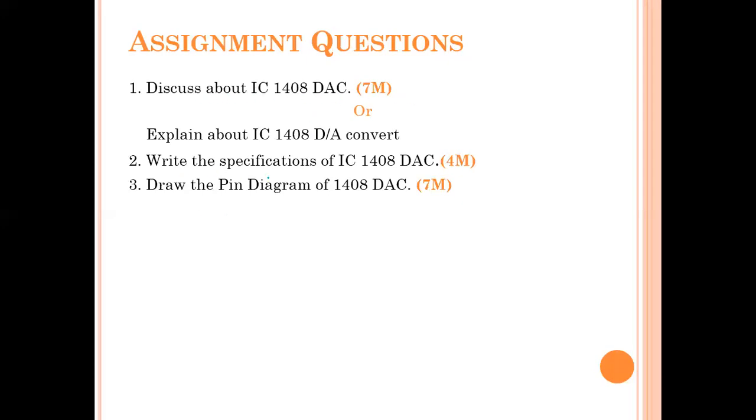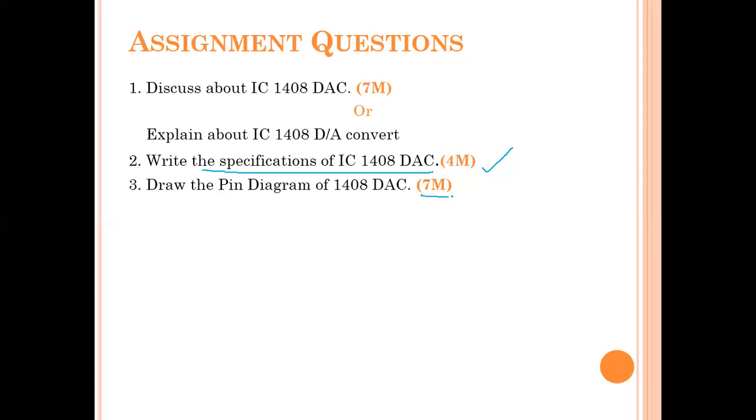Next, specifications of the IC 1408 D2A converter. We have seen the specifications here, and they will be asked for 4 marks. Among all the specifications, you can mention any 4 important ones. The next question is: draw the pin diagram of the 1408 D2A converter.